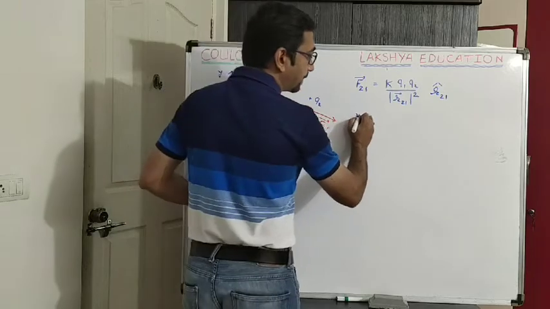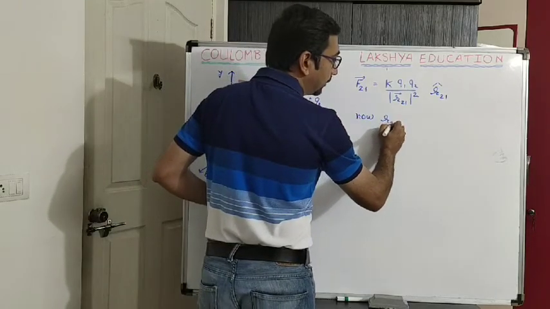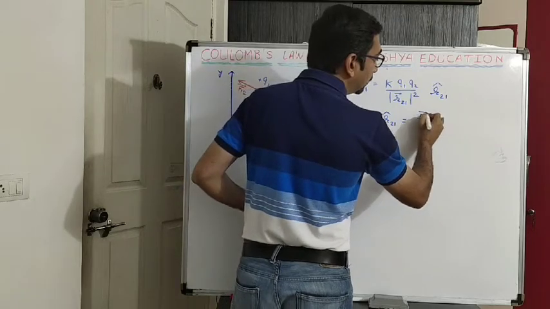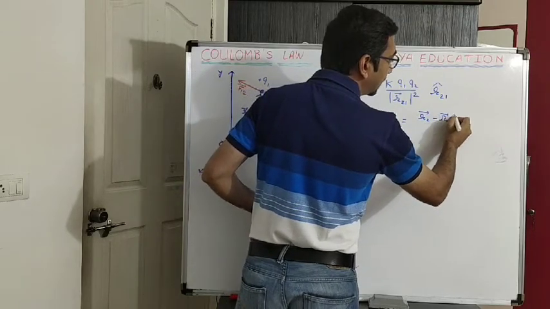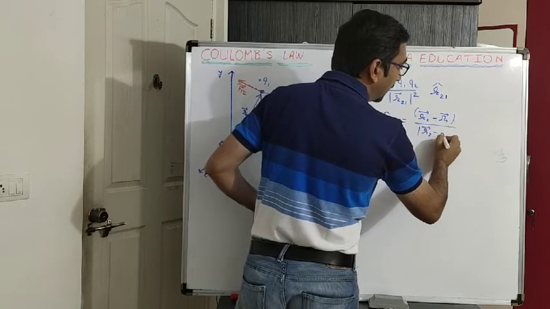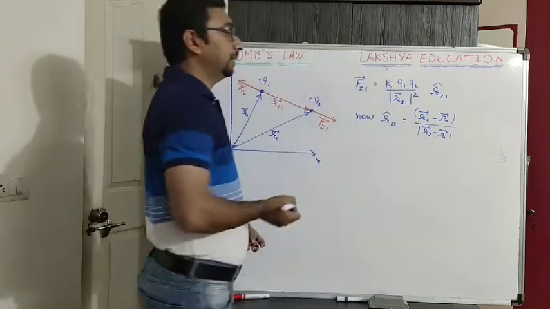Now r21 caret is equal to the r2 vector minus the r1 vector divided by its magnitude, the magnitude of r2 minus r1 vector.